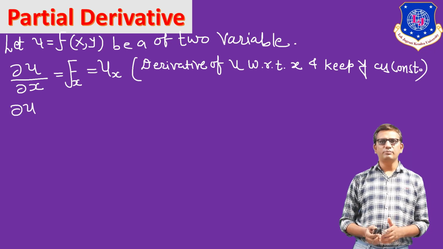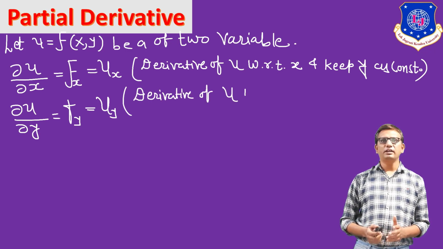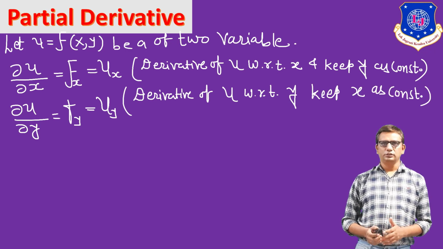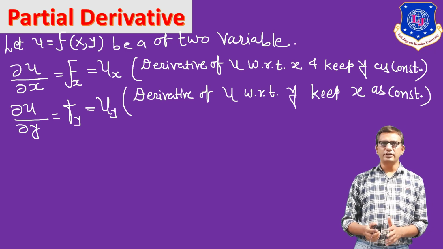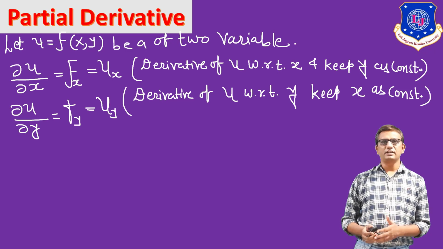At that time we keep y as a constant. And del u by del y is fy, also denoted as uy, and it is the derivative of u with respect to y, keeping x constant. So those are the first order partial derivatives of our function of two variables x and y.